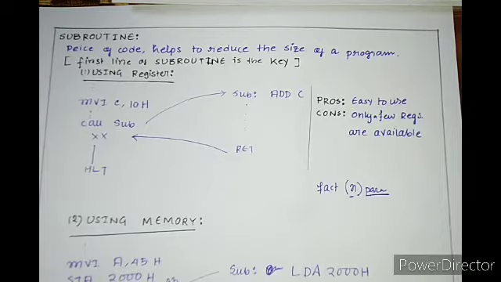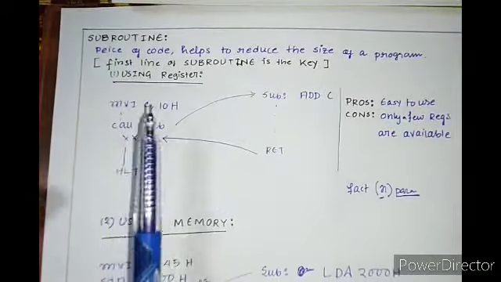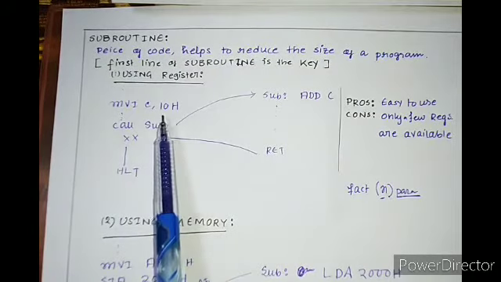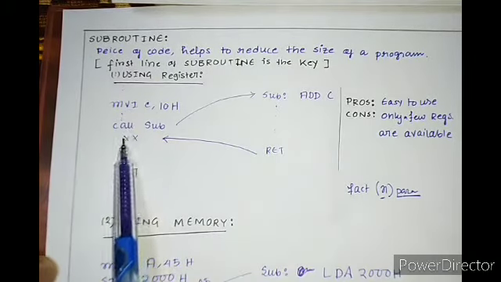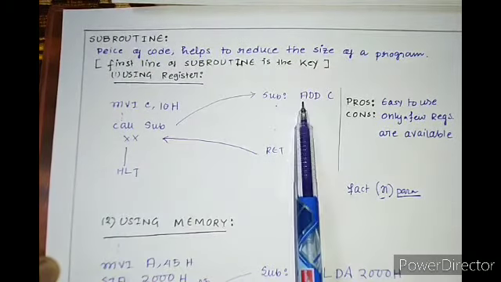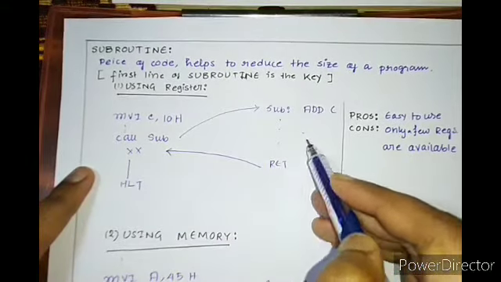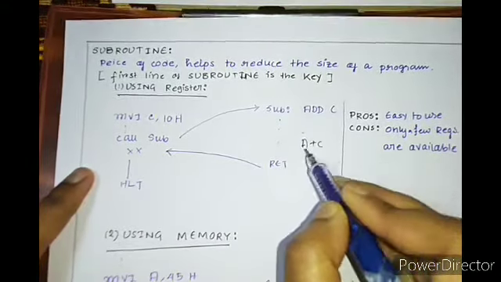Suppose in this example I've taken MVI C, 10, means data 10H will get stored at C. Now call subroutine, go to sub, ADD C. ADD C is the first line of the subroutine. Please look very carefully at this. A plus C gets stored at A. Return comes to the return address, halt.